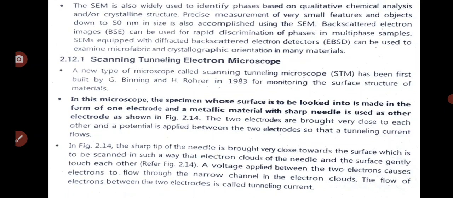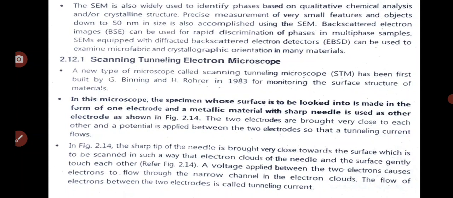So this SEM is also widely used to identify phases based on qualitative chemical analysis or crystal structure, and the precise measurement of very small features of objects, down to 50 nanometer size, is also accomplished using the scanning electron microscope.